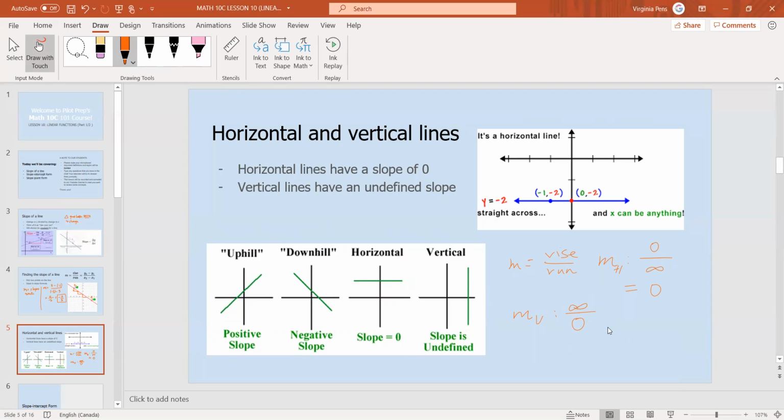It's basically just not possible because you can't divide a number by 0. There are many proofs, and you'll be able to study them if your teacher takes an interest. But yes, this would be undefined. Let's just keep an eye out for that.